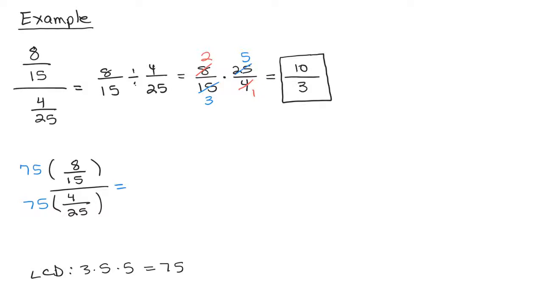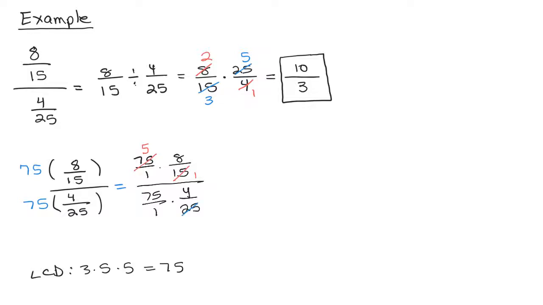Okay, so we have 75 over 1 times 8/15. It's up to you whether you need to show this stuff. And 75 over 1 times 4/25. And then I am going to cancel. The 15 goes into 75 5 times.